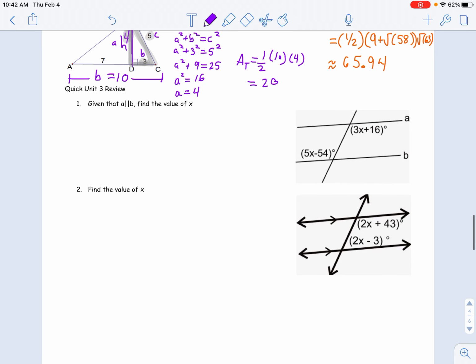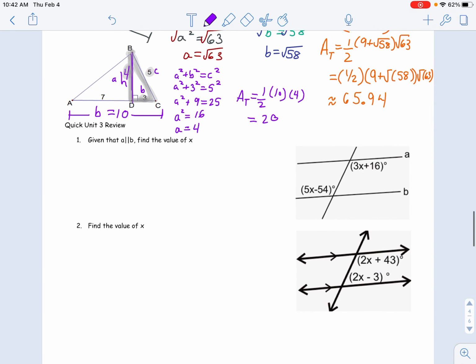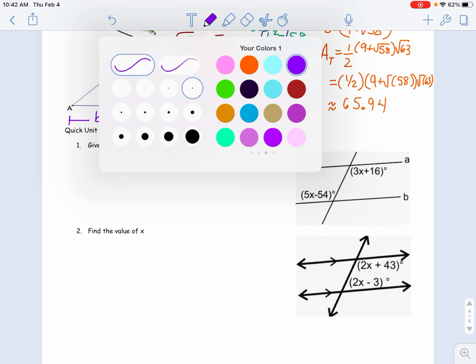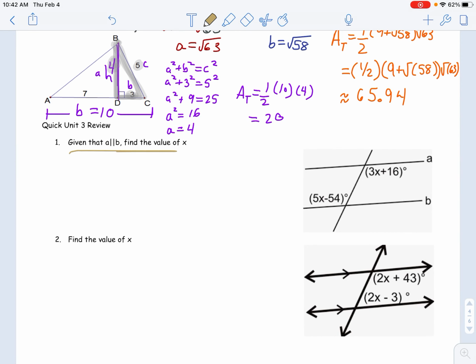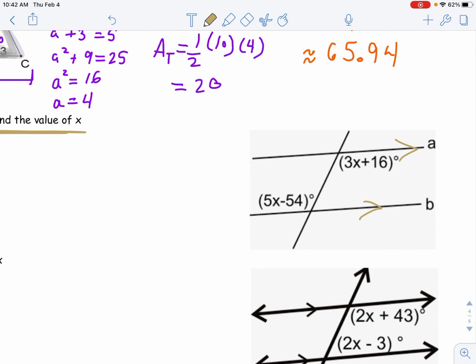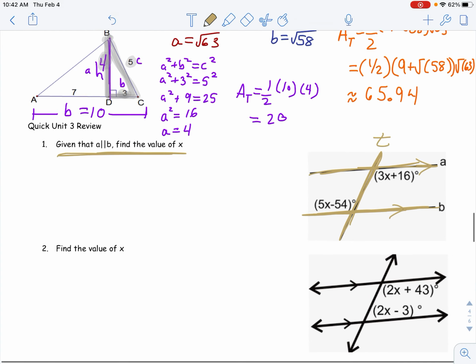Now we have some quick review of Unit 3 stuff. We're getting towards the end of the year. Some stuff we just got to keep fresh in our brains is, given that A is parallel to B, find the value of x. So remember, this is a transversal. It's on alternating sides of the transversal. It's on the inside of the parallel lines.